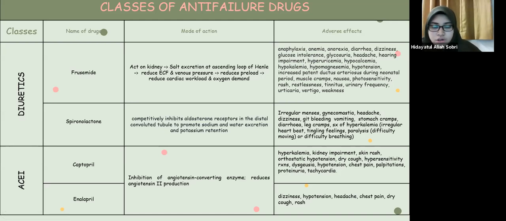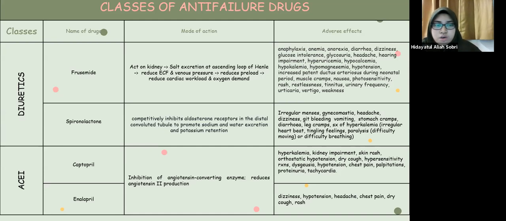And then spironolactone, usually we give with furosemide. It competitively inhibits the aldosterone receptor, and it promotes sodium and water excretion and potassium retention. Spironolactone is a potassium sparing diuretic.